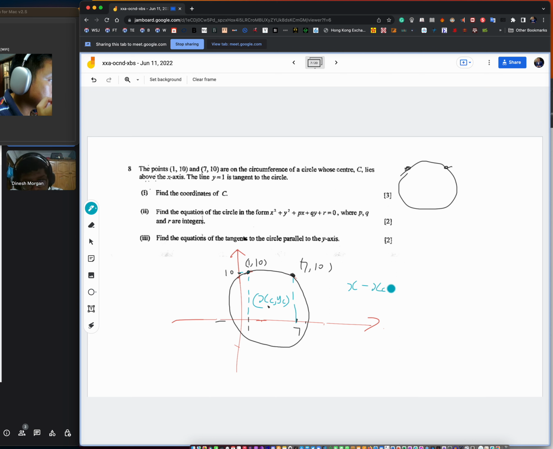So x minus the center x, squared, plus y minus the center y, squared, is equal to r squared. R is the radius, which is this.